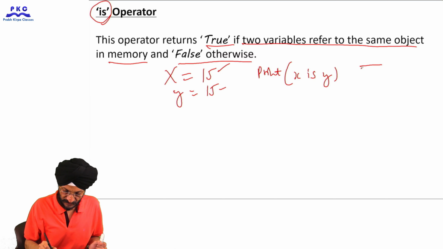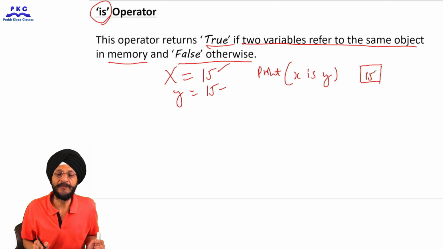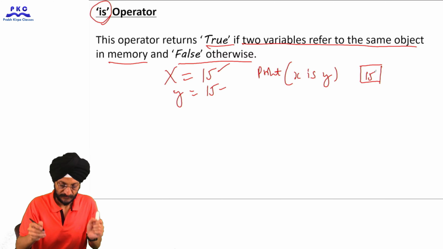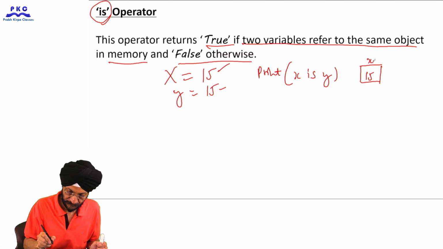Here in memory, when we write x is equal to 15, the information is contained in a container, say, and its tag name is x.